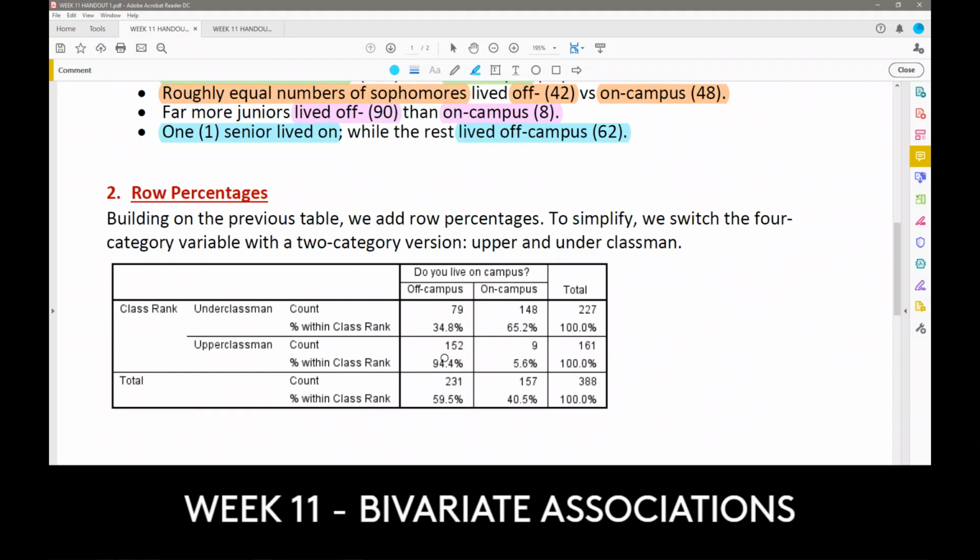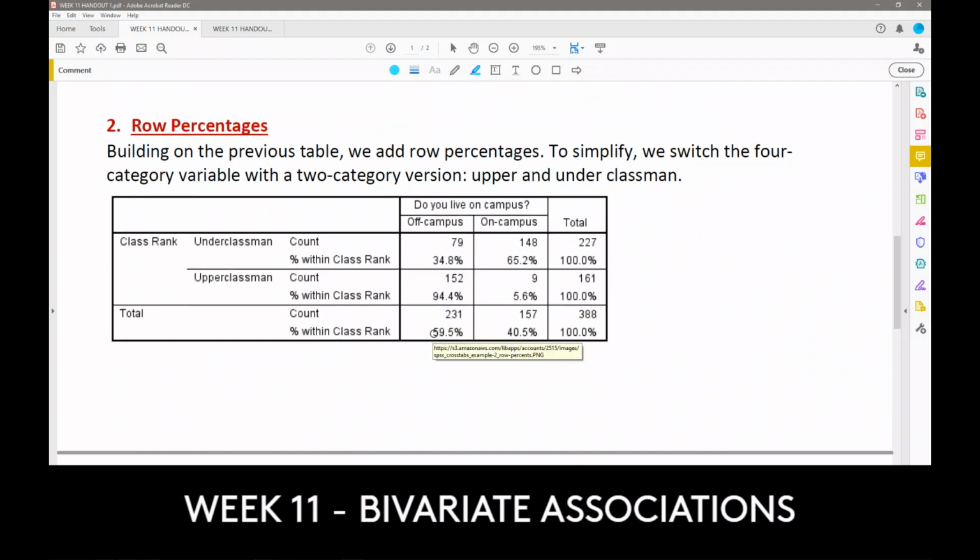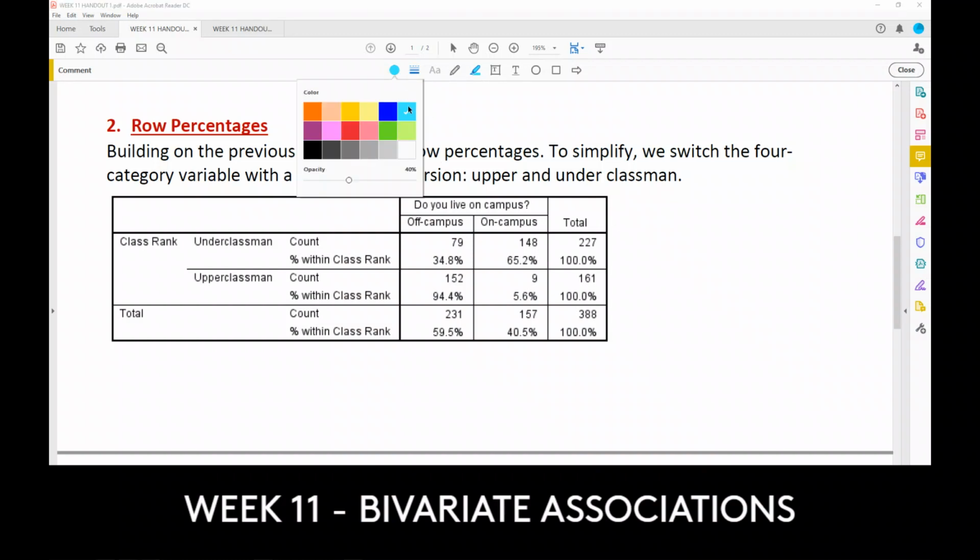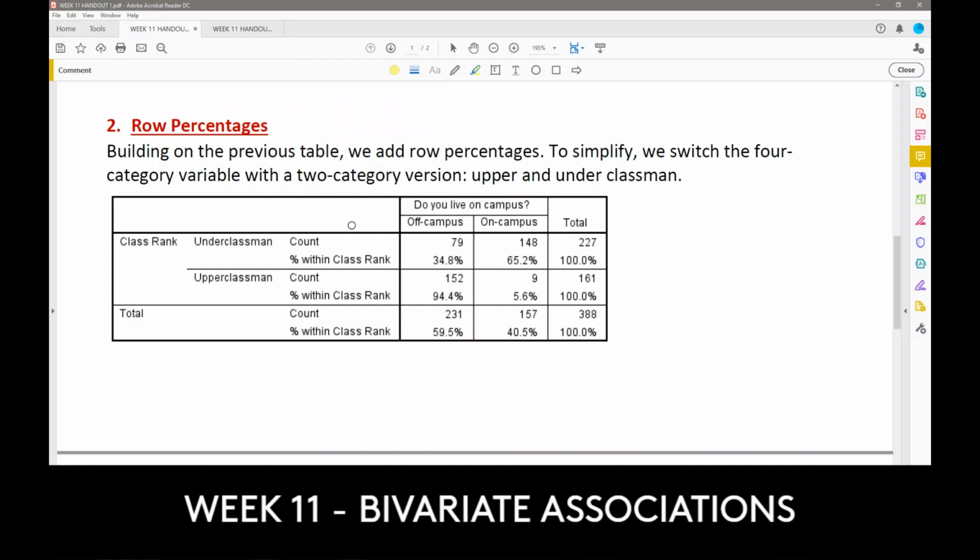Now, we can do the same thing with these variables, but produce a different contingency table that produces row percentages. One of the things that you can do when you are assessing data is change the categories and simplify them.